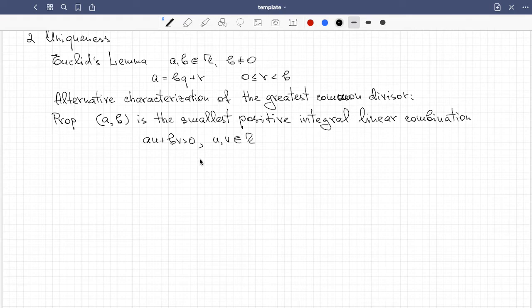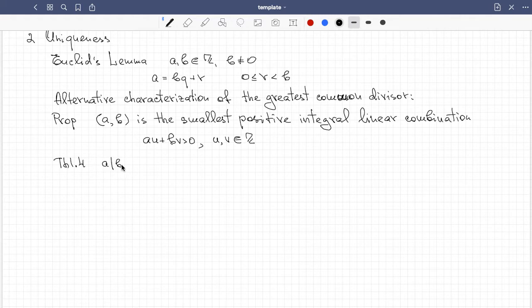That proposition allowed us to prove theorem 1.4. That alternative characterization of greatest common divisor was instrumental in the proof of theorem 1.4.